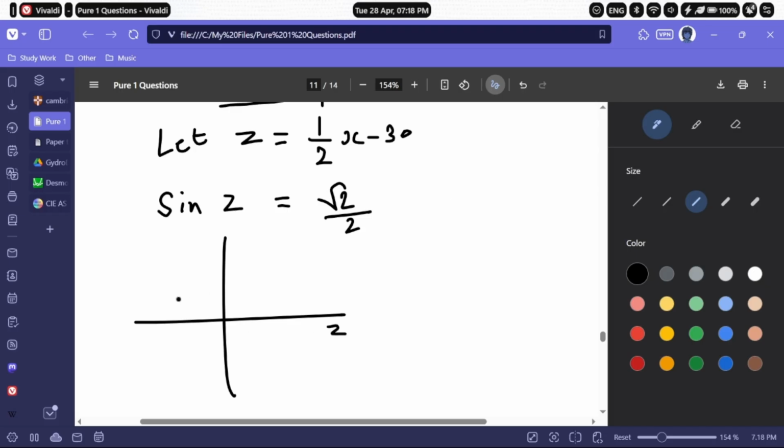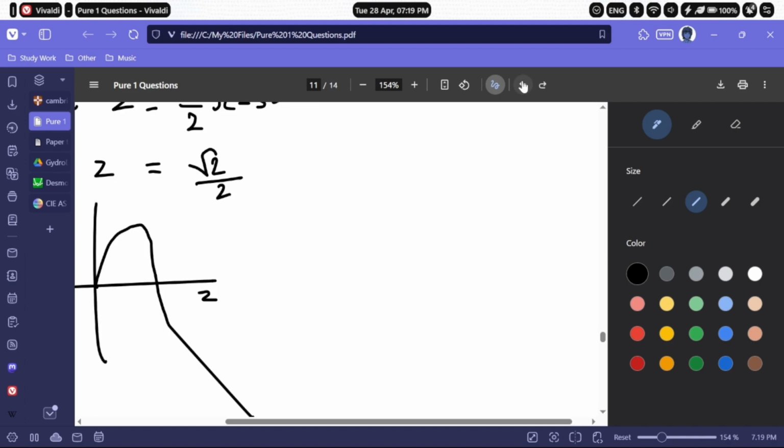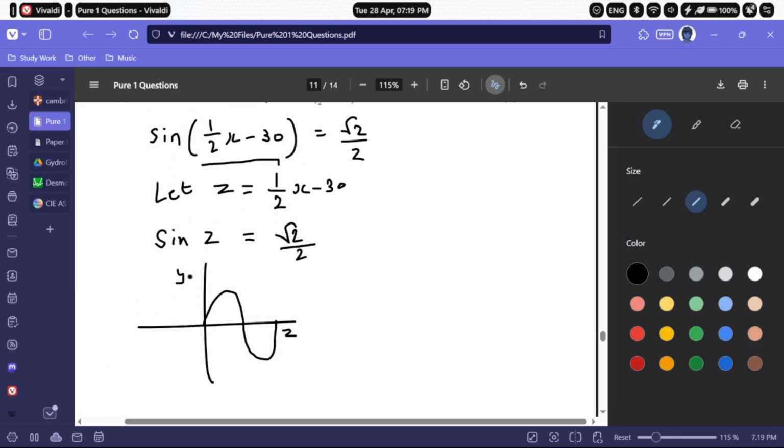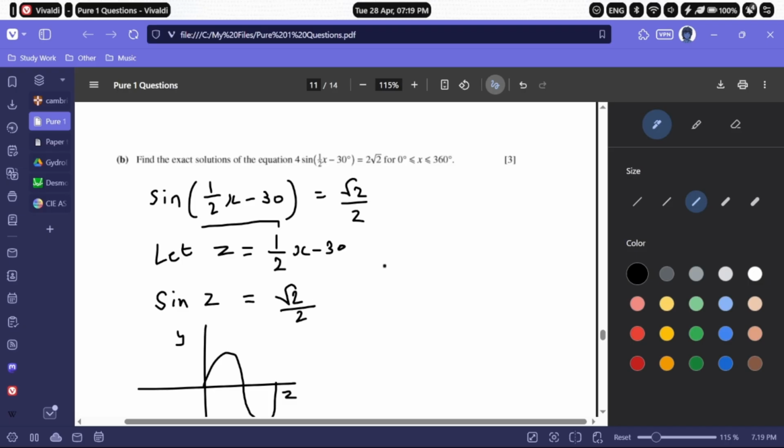So this would be your y-axis, and this would be your z-axis. So if you were to plot sine z over here, it would be your original sine z graph. Just fit that into your mind if you really want to do the graph method.